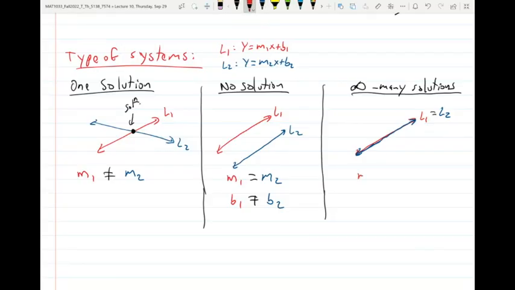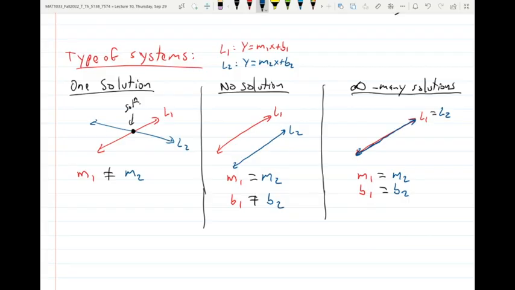So M1 equals M2 and B1 equals B2. You have exactly the same line. So the equations may look different, but when you write them in slope-intercept form, they will look the same because there is only one slope and only one y-intercept. Okay? All right, so that's how you can tell where you are by just looking at the slopes. And then, if necessary, the y-intercepts.